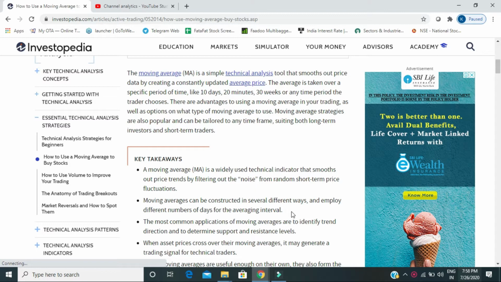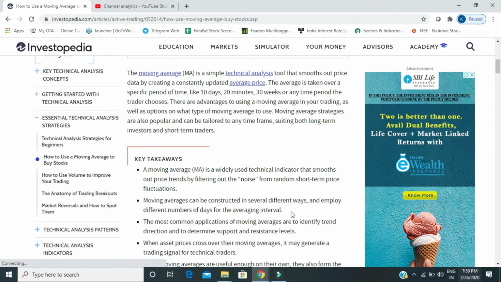The simple moving average will be very slow compared to exponential moving average. Normally, moving average will be having different averages like daily, 50 period moving average, 20 period moving average, 10 period moving average, like that many moving averages there.